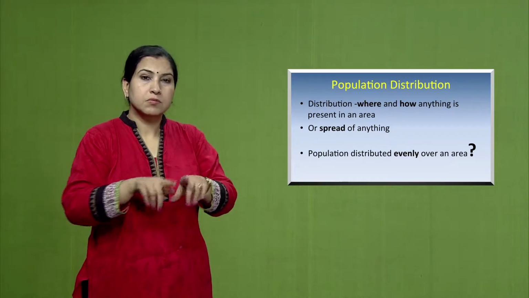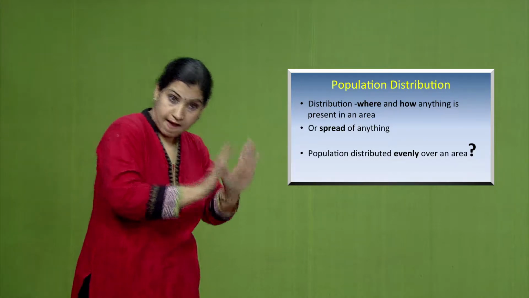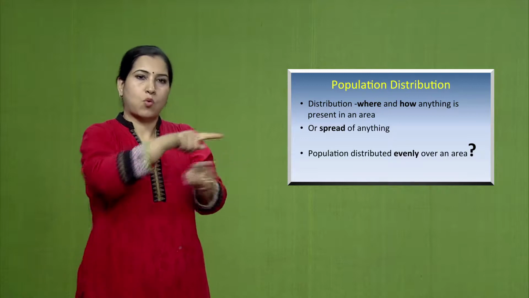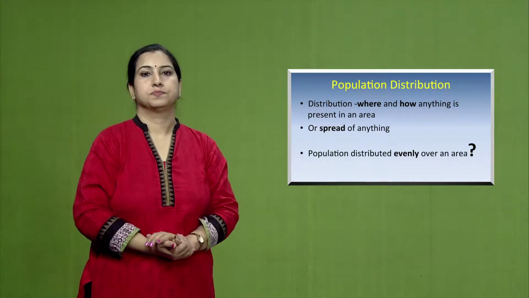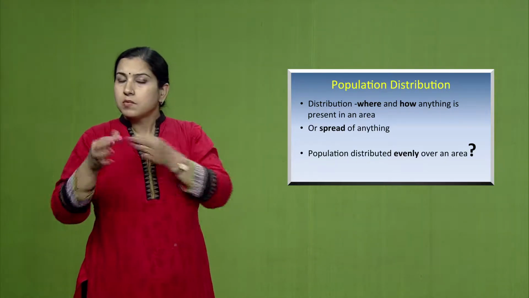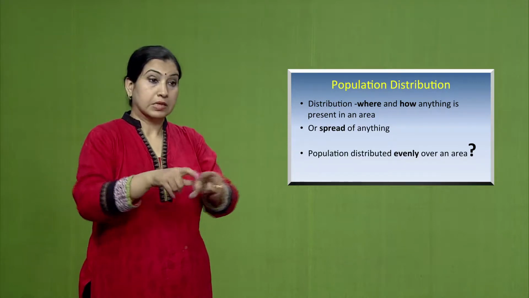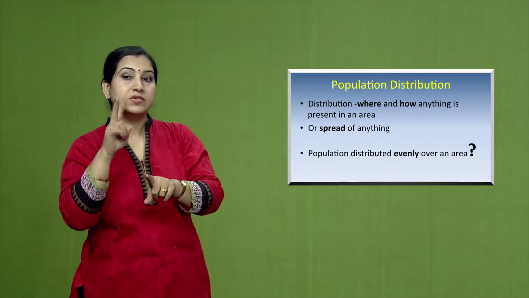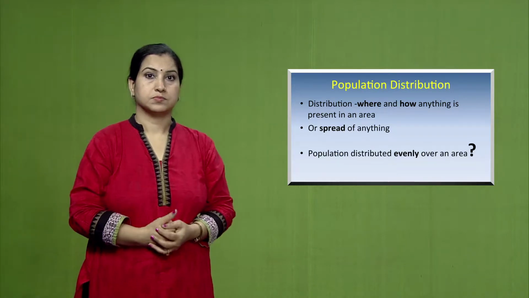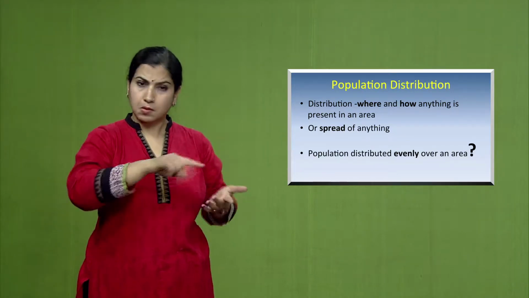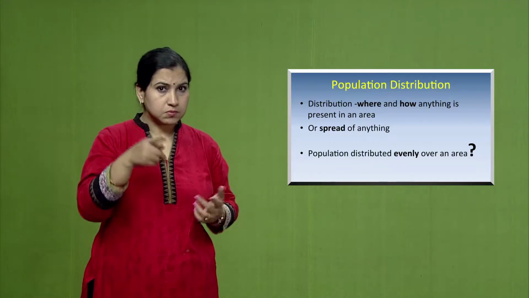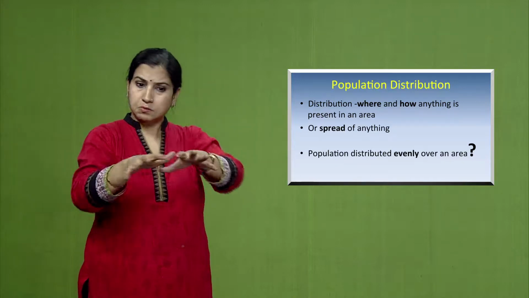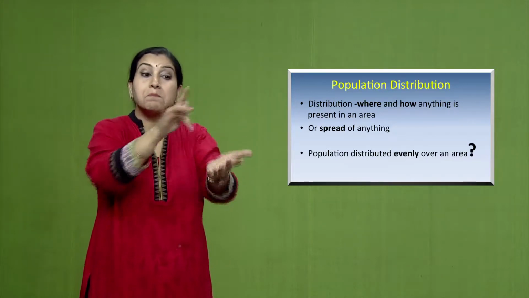Where and how are people present or located in an area? Another example can be distribution of trees and plants, vegetation. So, what does this mean? It refers to the spread of trees and plants or where they are located.